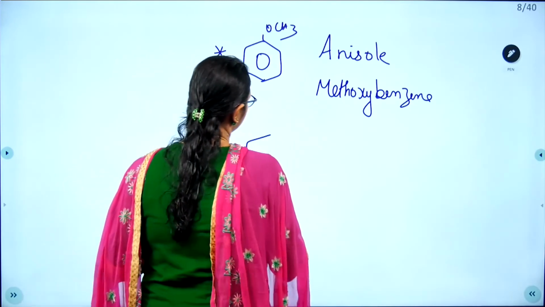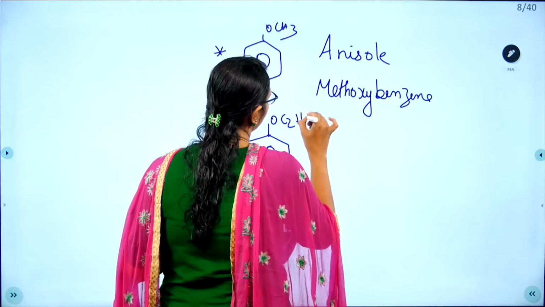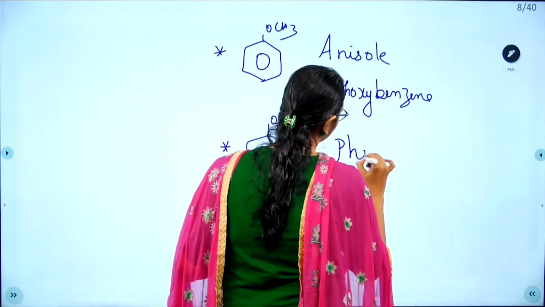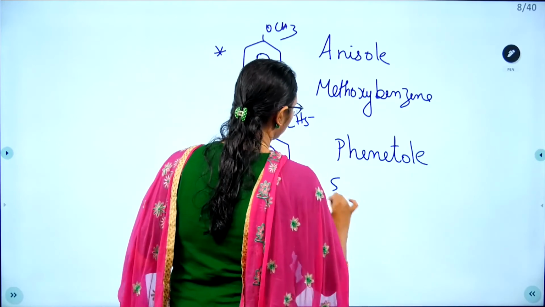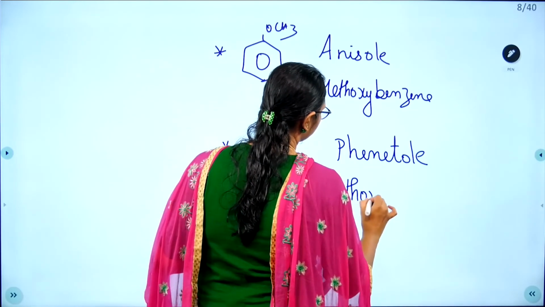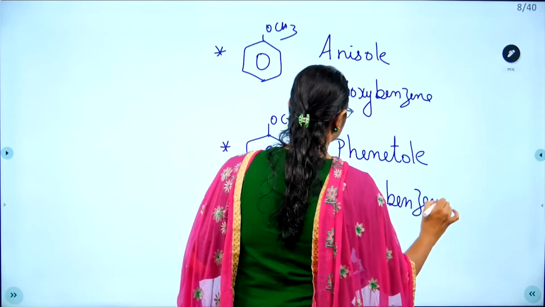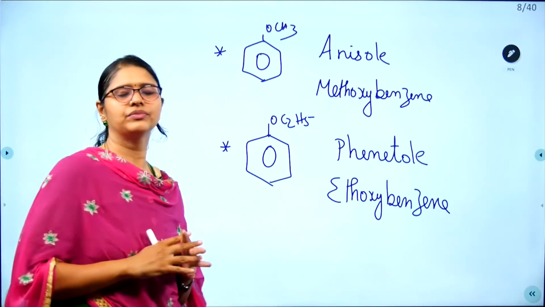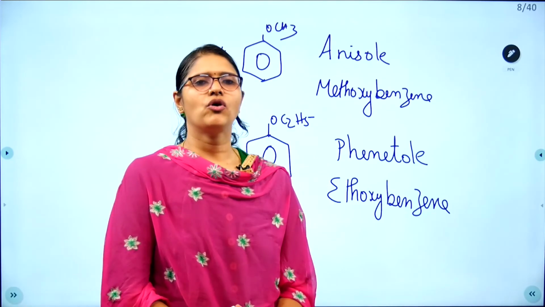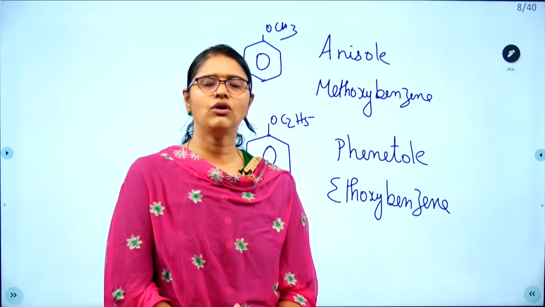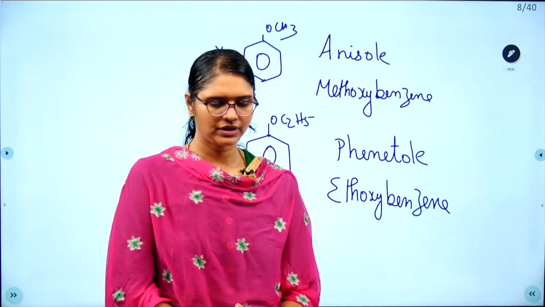Suppose you have a benzene ring with OC2H5, how will you name it? It is ethoxybenzene. This is how you should name all the IUPAC names of alcohols, phenols and ethers. Is it okay?